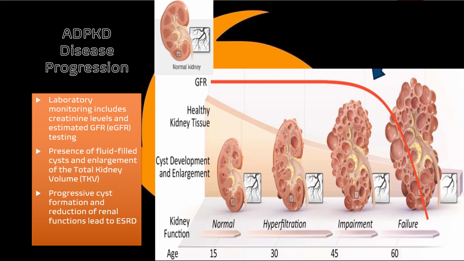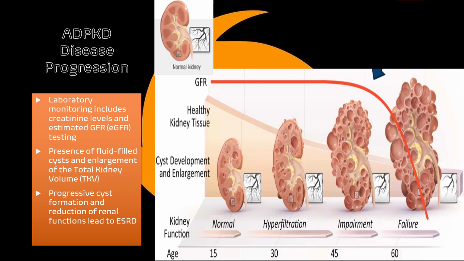In context of ADPKD progression or disease progression, laboratory or pathology monitoring mainly includes determining creatinine clearance and estimated glomerular filtration rate, and investigations to determine the presence of fluid-filled cysts and enlargement of the kidneys, where healthy kidney tissue can be affected.